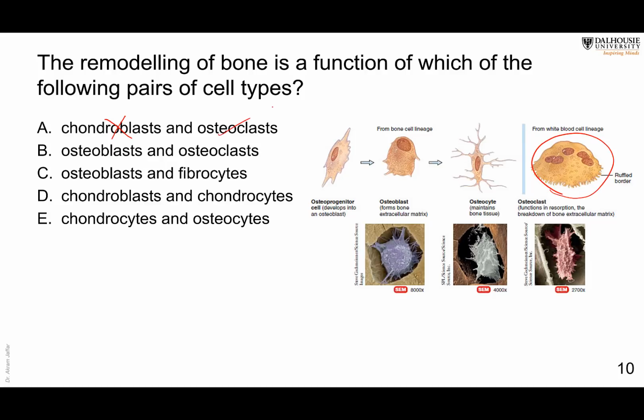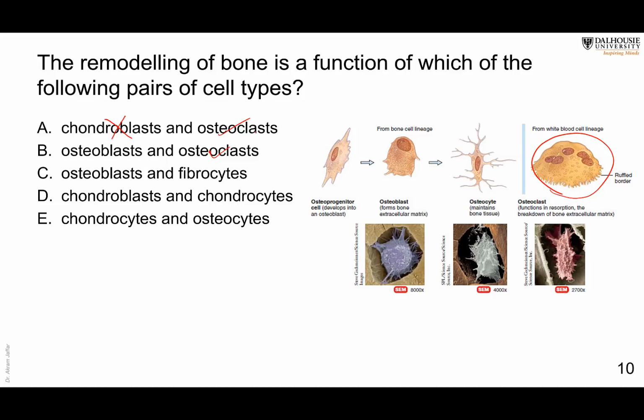Osteoblasts and osteoclasts. We have just mentioned that the osteoclasts are involved in bone remodeling by bone resorption at the surface or at the endosteum. Now the osteoblasts form the matrix and the collagen fibers, but they cannot divide.